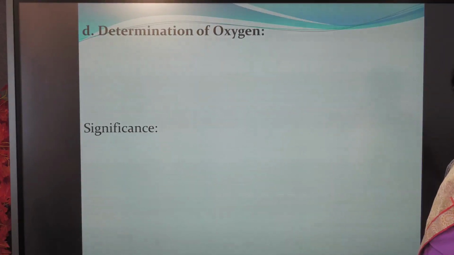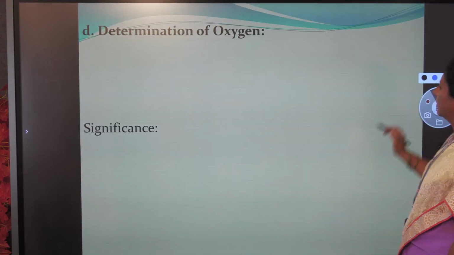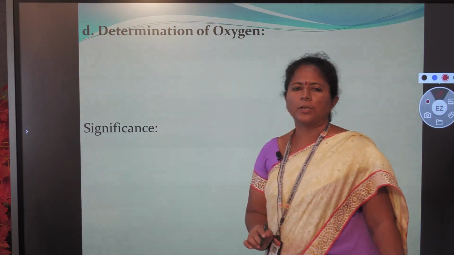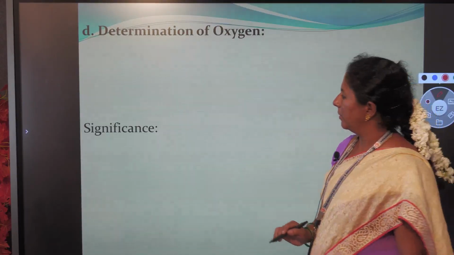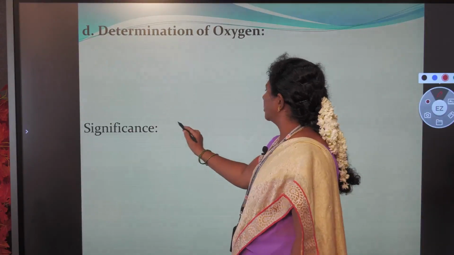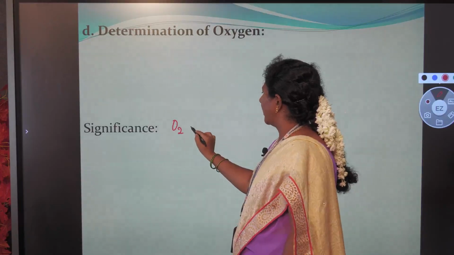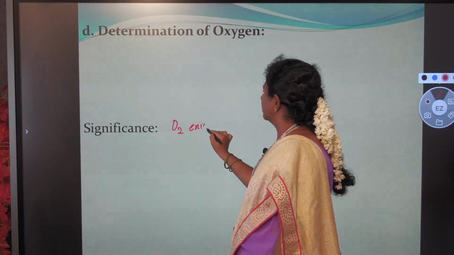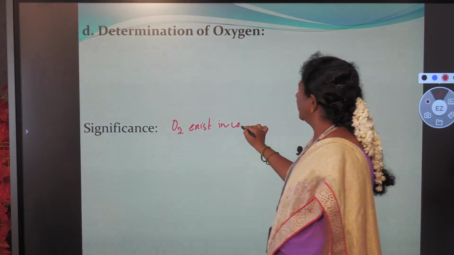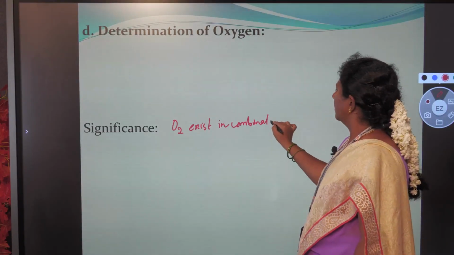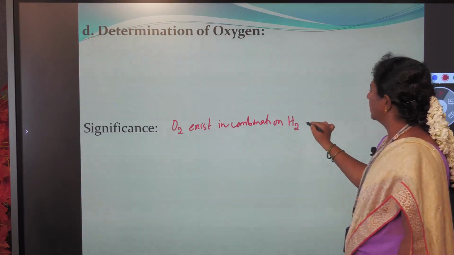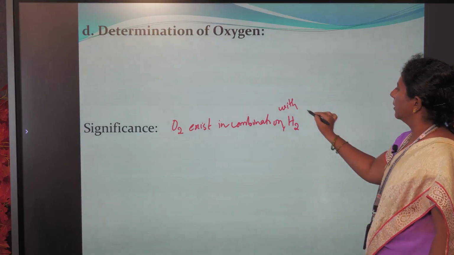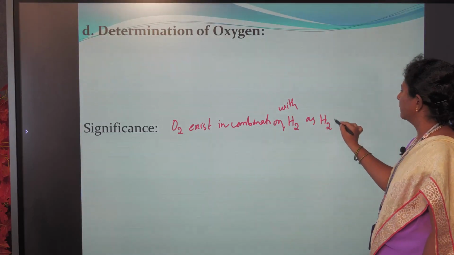Now coming to the significance. A good quality coal should have less percentage of oxygen. Why? Same like hydrogen, oxygen all is available or exists in combination with hydrogen as H2O.